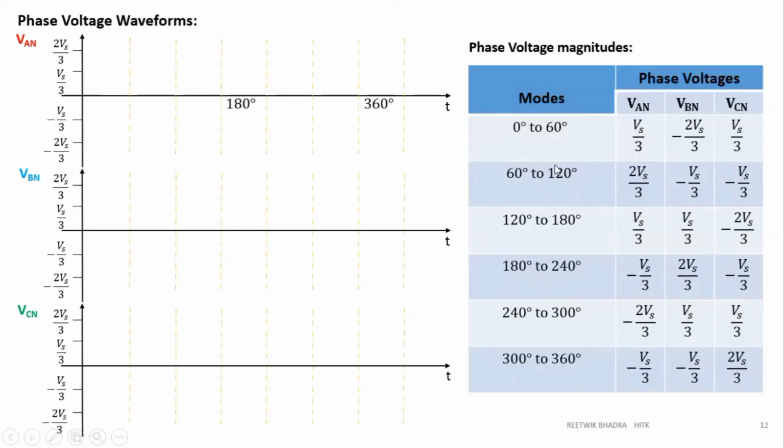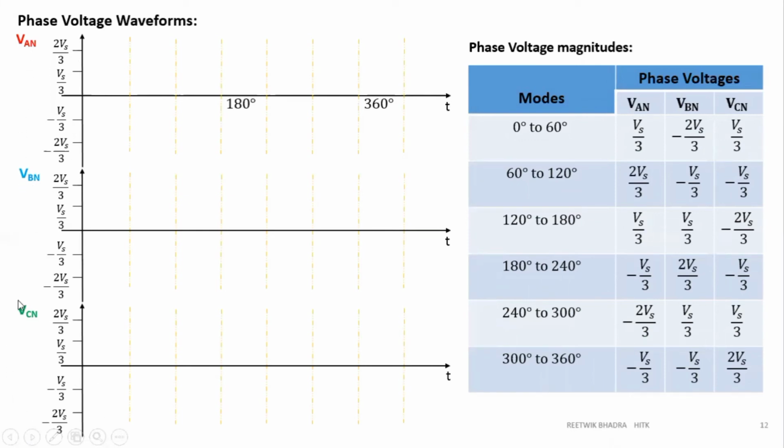So 6 modes, so 0 to 60, 60 to 120, 120 to 180, and this goes on to 300 to 360. All the values are given over here. Now, we can see the value is fluctuating between Vs by 3, 2 Vs by 3, minus Vs by 3, minus 2 Vs by 3. That's why I have drawn these steps over here. All steps are drawn over here.